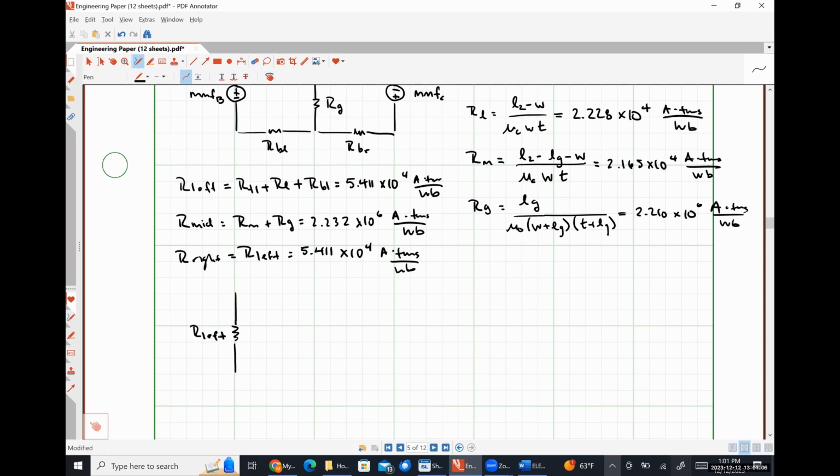So here's the reluctance of the total left-hand path with our MMF B in parallel with the reluctance of our middle path in series with MMF A in parallel with the reluctance of our right-hand path in series with MMF C.